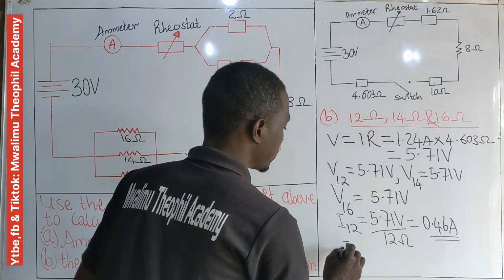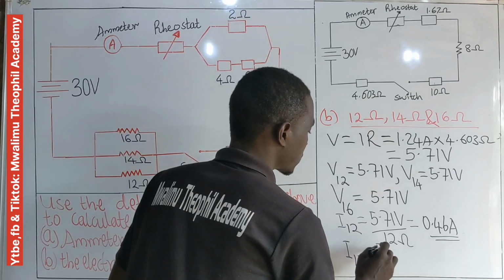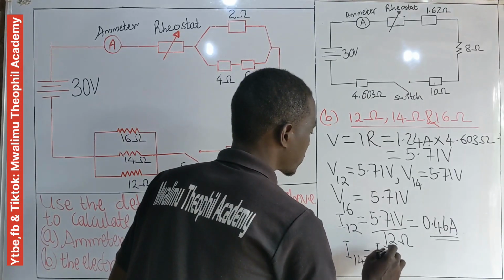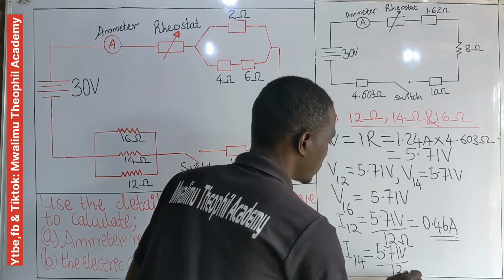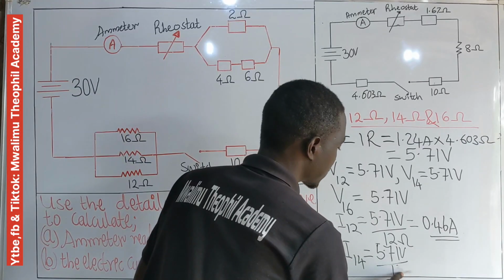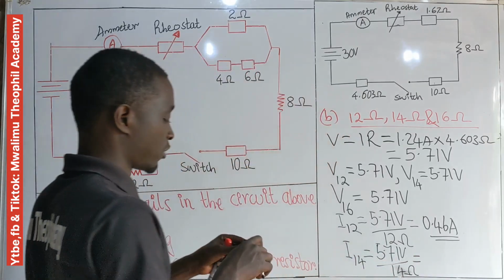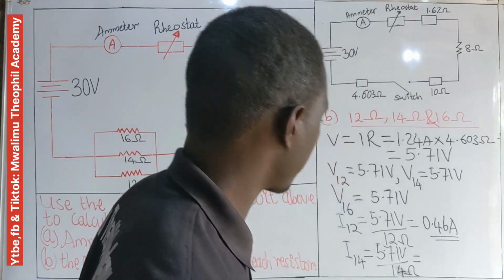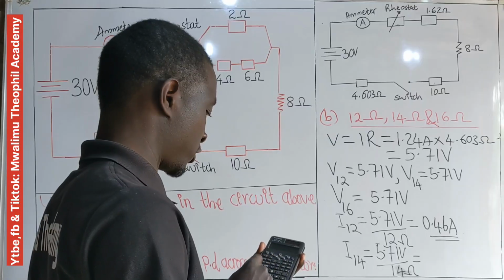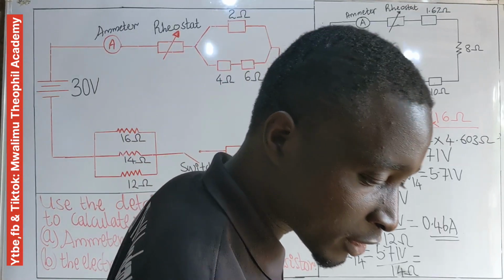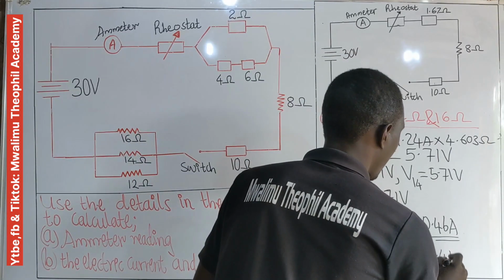What about the current in the 14 ohm resistor? The same: its voltage, 5.71, divided by its resistance, which is 14 ohm. Now this gives us 5.71 divided by 14. You get 0.41 ampere.